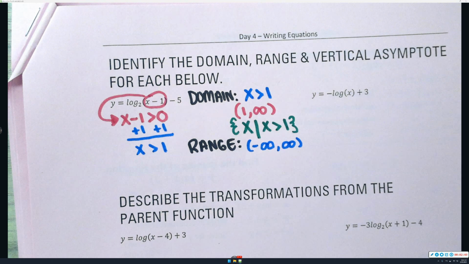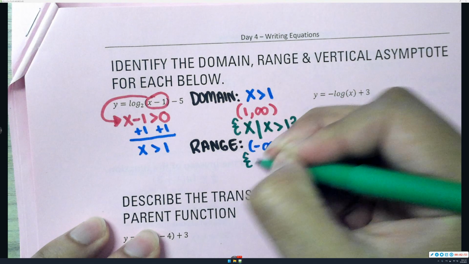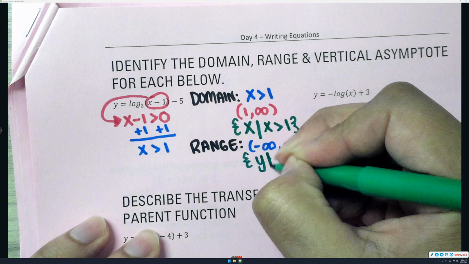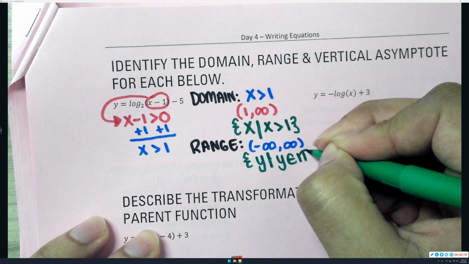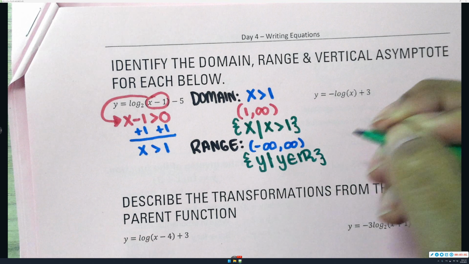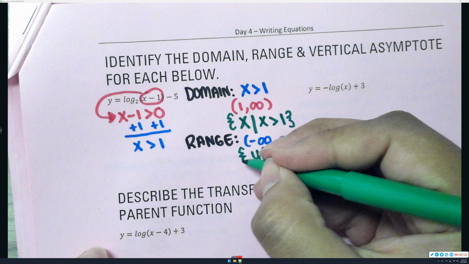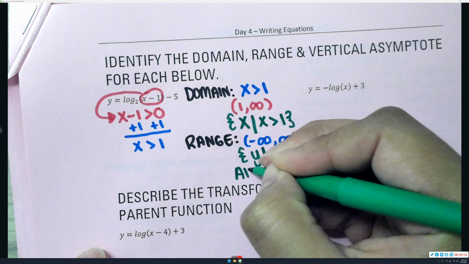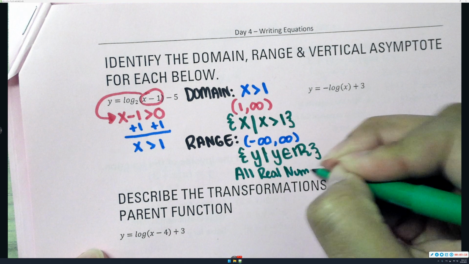We also have the set notation down below. So we have for all y's in which y is an element of the real number set. So it can be any number, a decimal, a fraction, any number. We also have the verbal description for the range, which is all real numbers. Let's write that down. All real numbers.